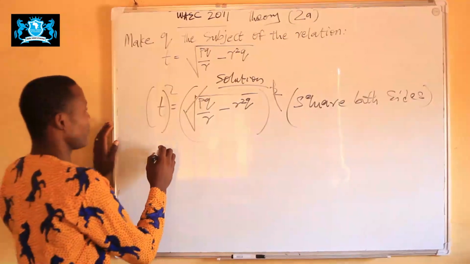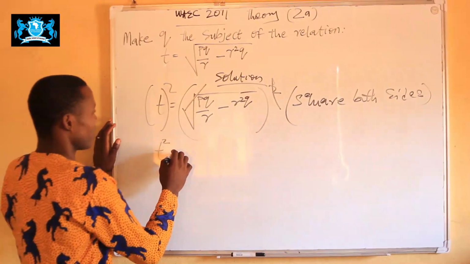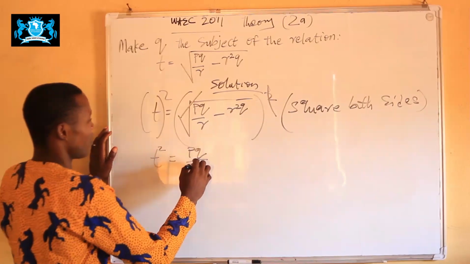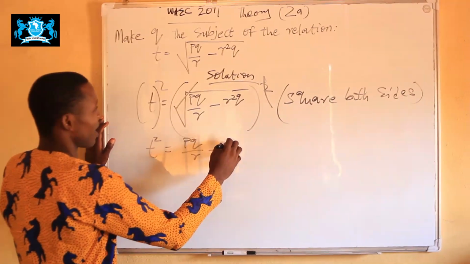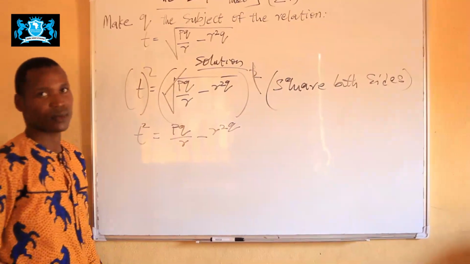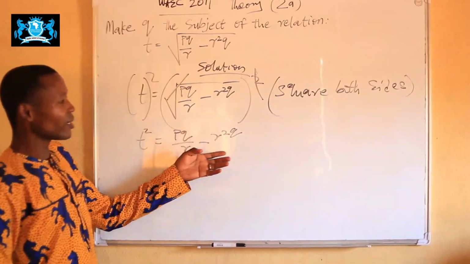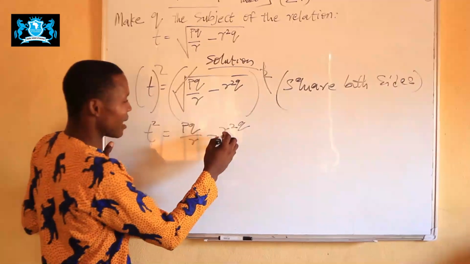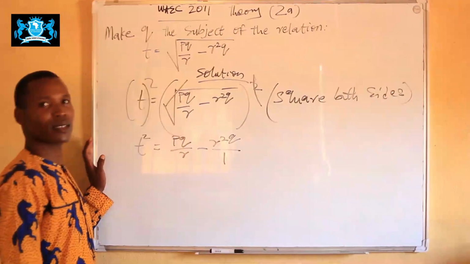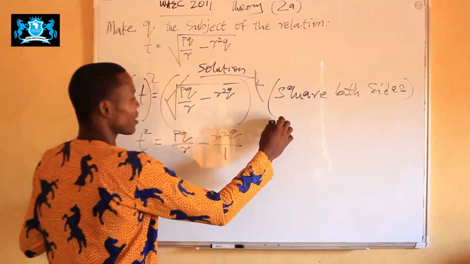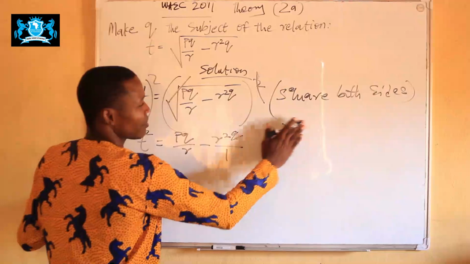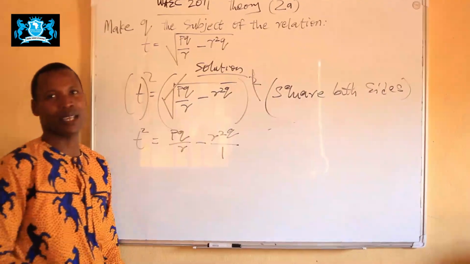So we will now have T squared equals PQ over R minus R squared Q. And you can also say over 1, because R squared Q and R squared Q over 1 are the same thing.